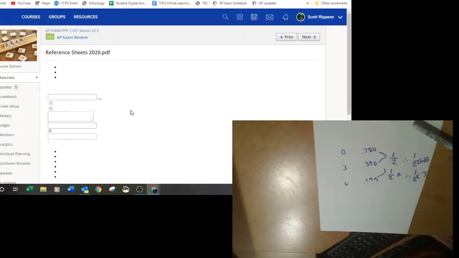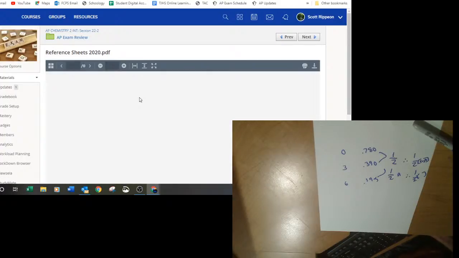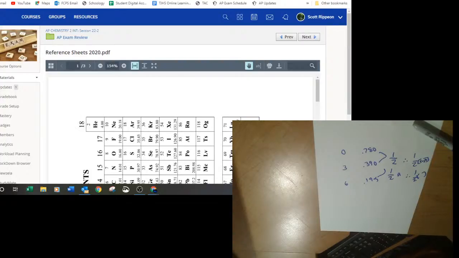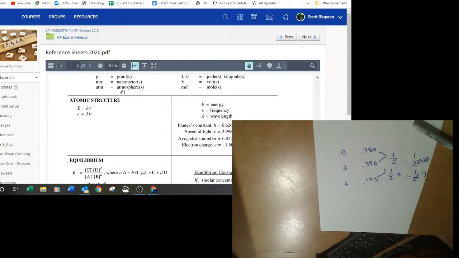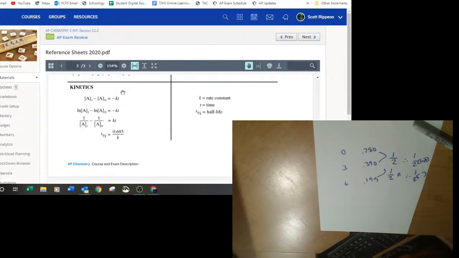I don't think your reference sheet gives the half-life equations, but I'm not certain, so I'm going to check. Okay, see, they only give the half-life equation for a first order reaction. In some of the tables that we've given out, they basically gave half-lives for the other two.